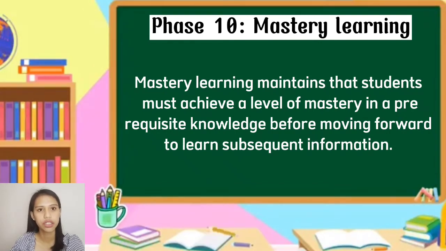If a student does not achieve mastery on the test, they are given additional support in learning and reviewing the information and then tested again. This cycle continues until the learner accomplishes mastery, and then may move on to the next phase.